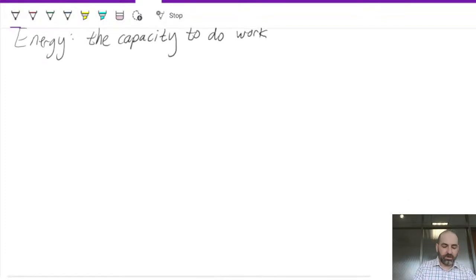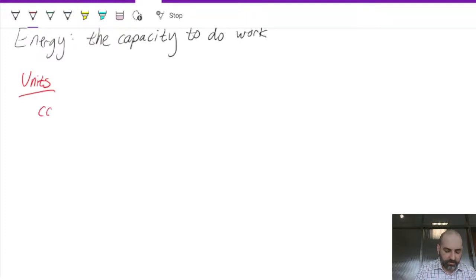So how do we measure energy? Well, there's lots of different ways of thinking about energy, the ways that people have thought about energy over time. So there's lots of different units for energy. So the first one we're going to look at is the calorie.